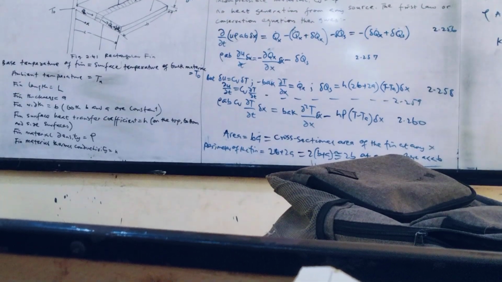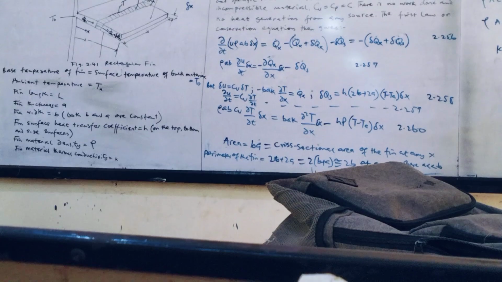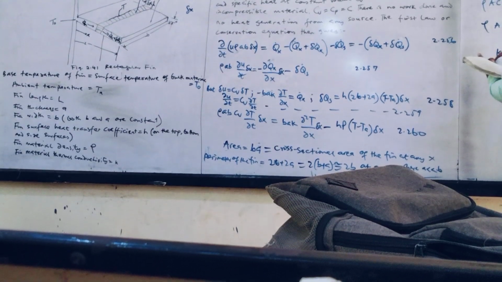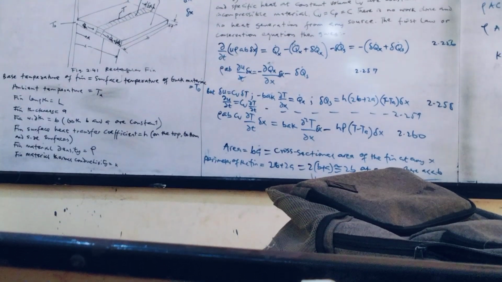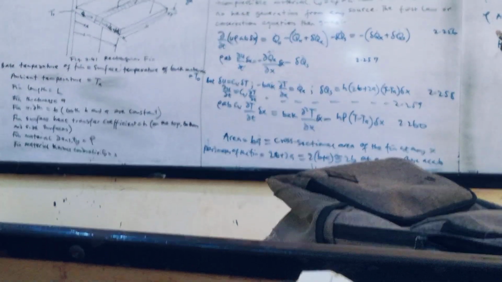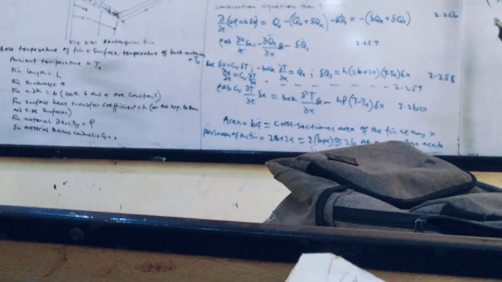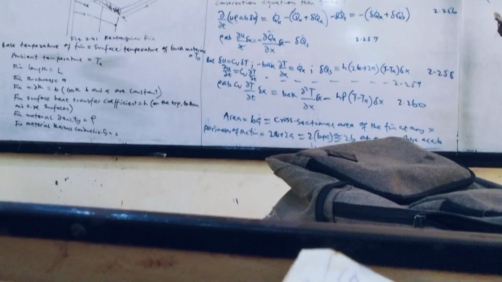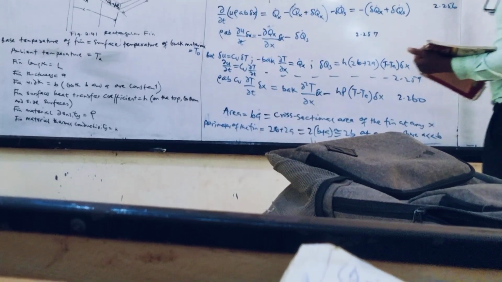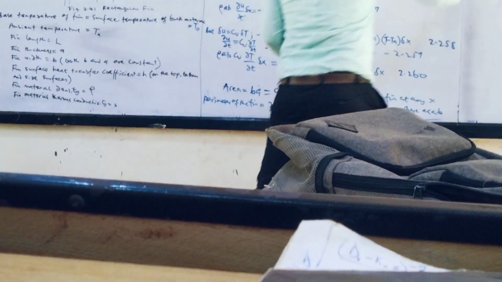And finally, we now have that ρAc. Of course, I substituted it here, and we can call it cv. This cv is equal to c. Of course, you can see it's equal to c.